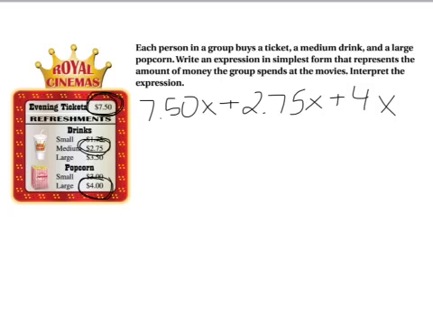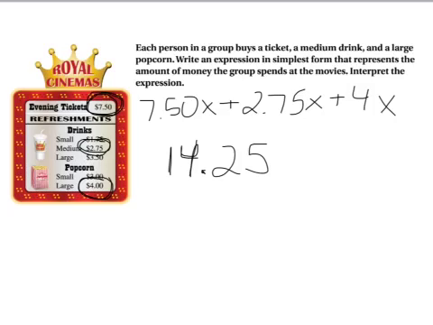We might as well just combine them all together. If you're going to the movies and spending $7.50 and $2.75 and $4, and everybody's doing the same thing, how much is each person spending? So I'm going to add the $7.50, $2.75, and the 4. I'm going to add all those three together. I'm going to get $14.25. So that's how much one person is spending.